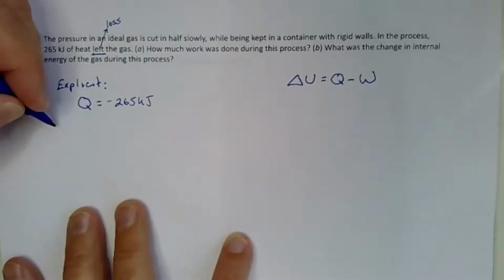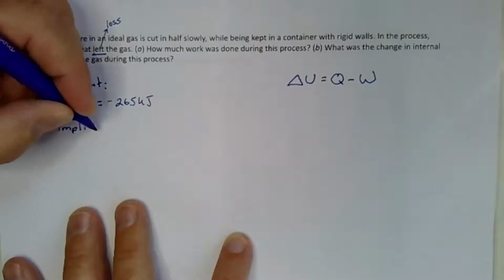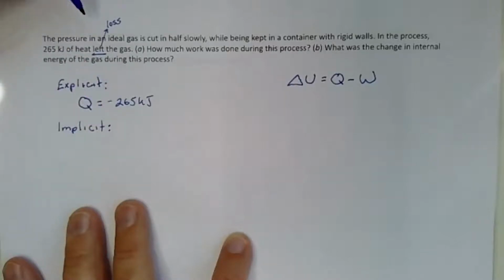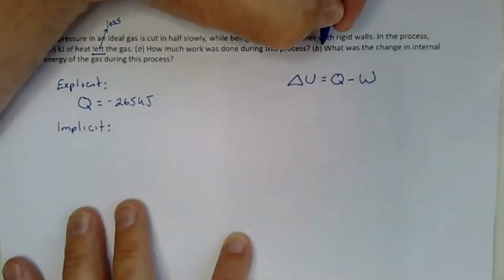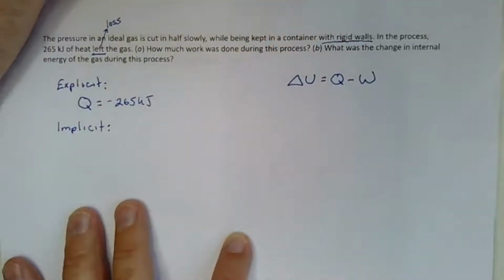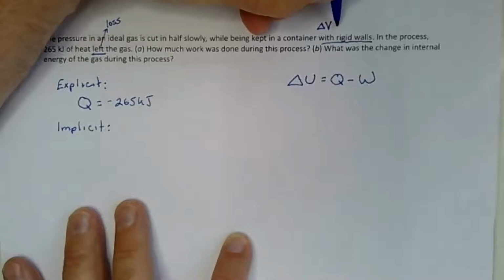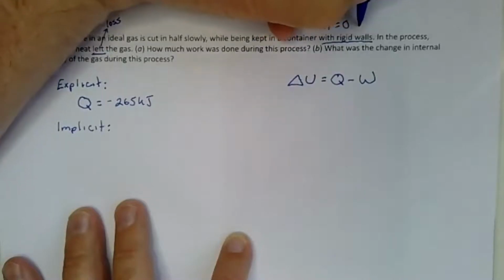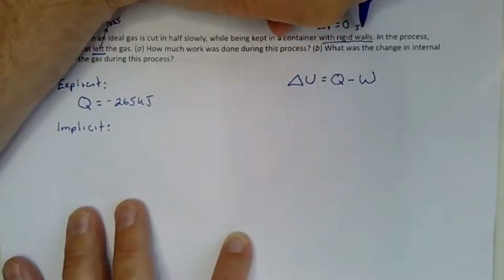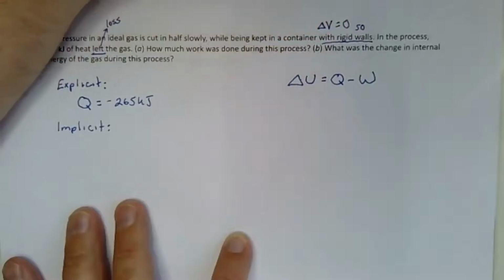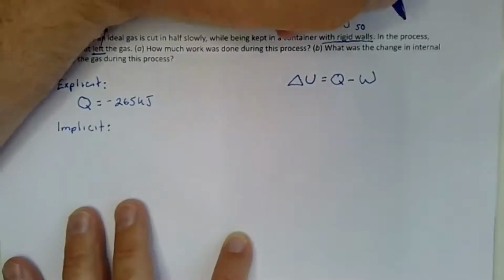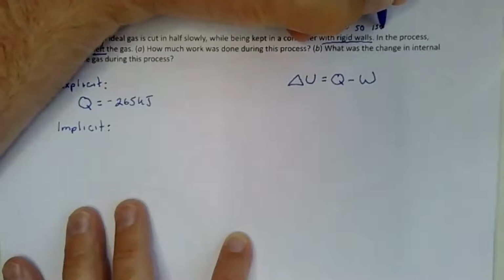But what's implied? This right here, container with rigid walls. So if the walls are rigid, then that means that the change in volume has to be equal to 0. So if there's no change in volume, and that's what we call, that's an isobaric process.